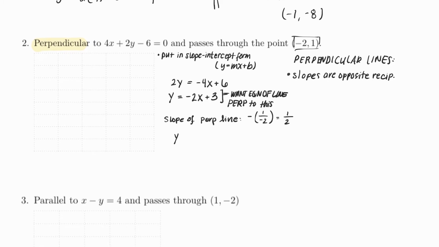So I'll have y equals 1/2 x plus b. And just like before, I want to solve for b, using the point -2, 1.